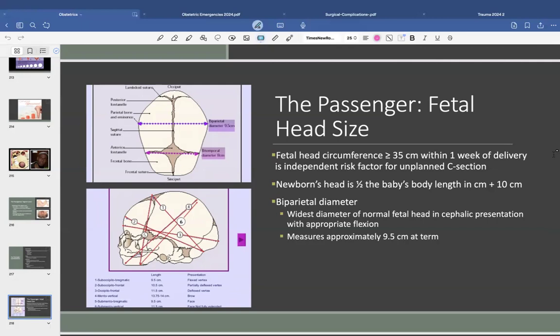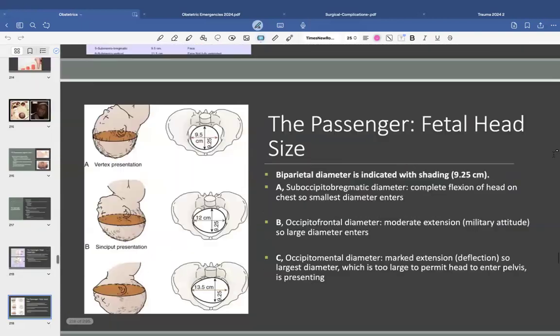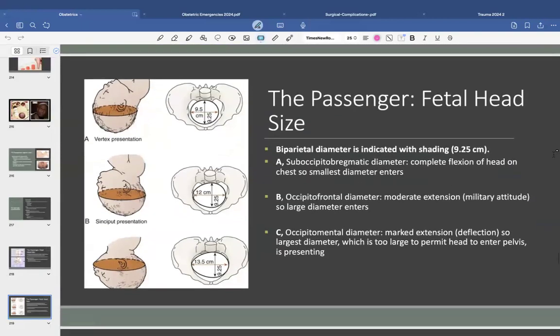Biparietal diameter is the widest diameter. So you can see the purple line at the top, how wide is the head in the cephalic presentation. Usually measures about 9.5 centimeters at term. So we'll look at the next picture, which shows us why that chin tuck is such an important thing, because of that 9.5 centimeter diameter.